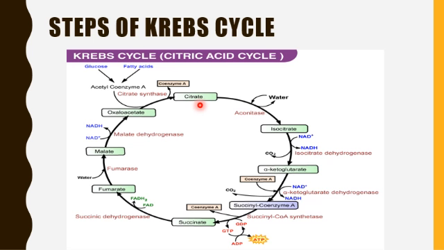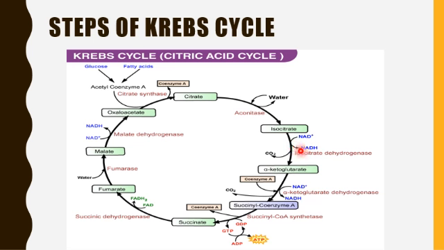The second step is that citric acid changes into cis-aconitase with the removal of water, and a molecule of water is added to cis-aconitase to form the isomer of citrate, that is isocitrate. Fine. So the isocitrate produced in this reaction is dehydrogenated.